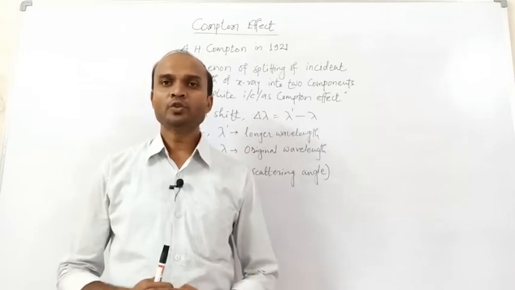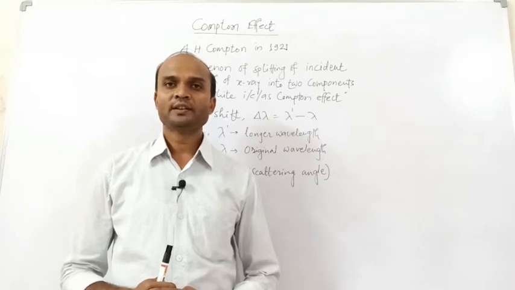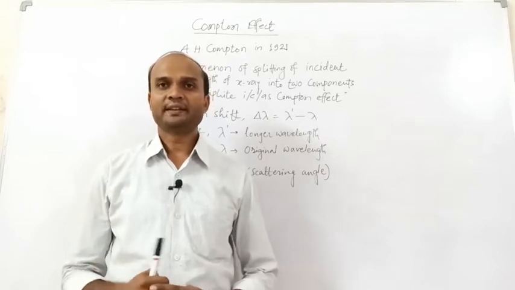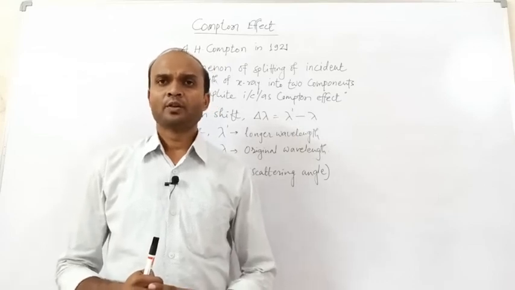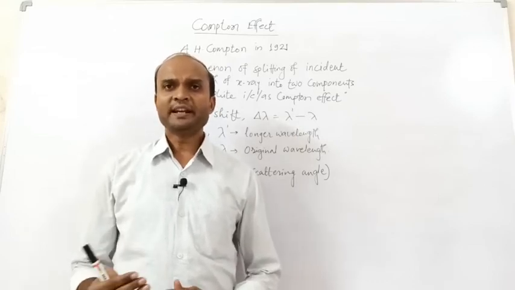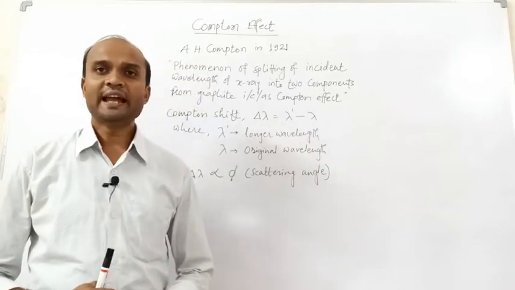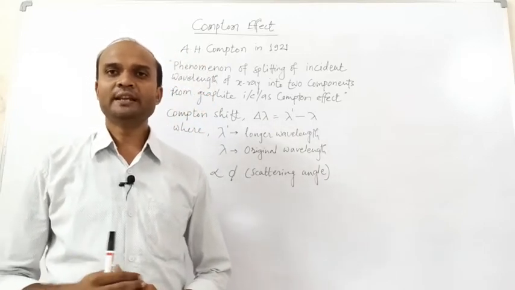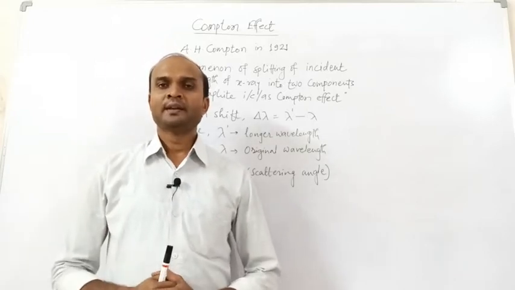There is no change in the wavelength or frequency of scattered light. Later on, Compton repeated the same experiment but with a light element. Instead of using a heavy element, he used a light element like graphite.